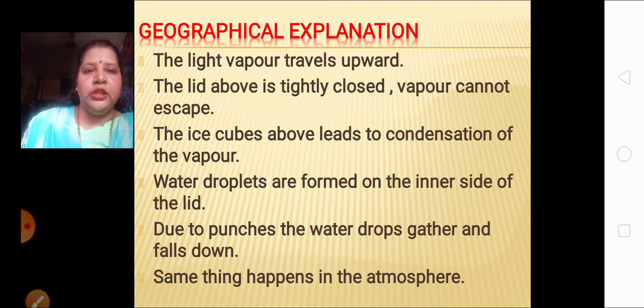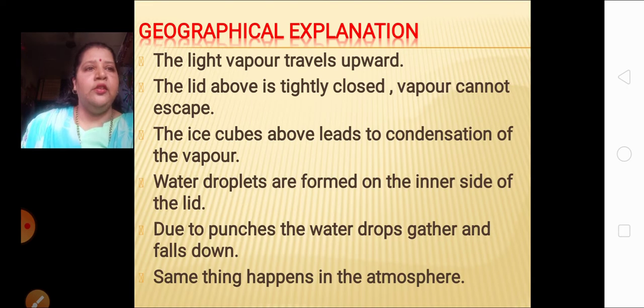Now, due to the continuous punches we have given on the lid, these water droplets gather together and start falling down. The same procedure takes place in the atmosphere also. That is the reason we get the rainfall.